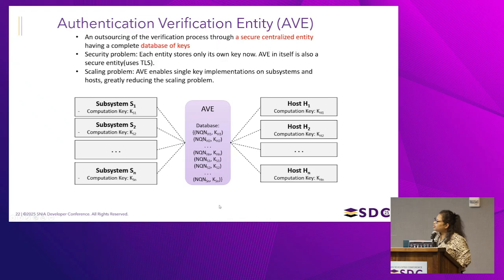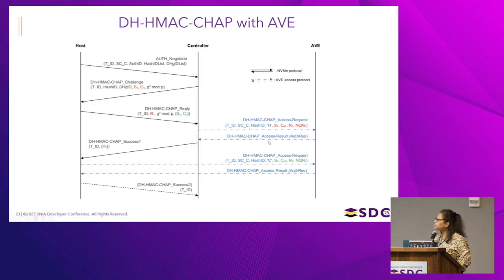Since AV is storing all the verification keys mapped to the corresponding NQNs, both the subsystem and the host, they only need to store their computation keys. The verification keys are no more needed to be provisioned at both the ends.